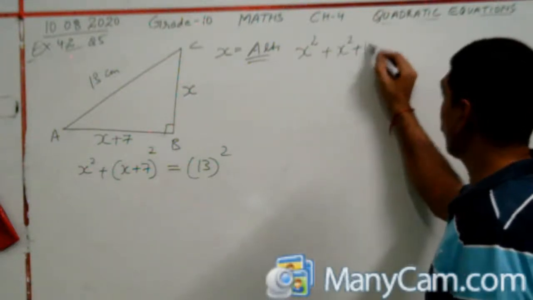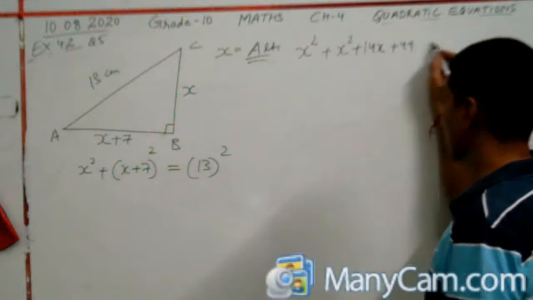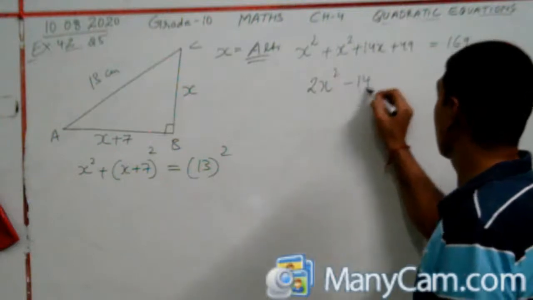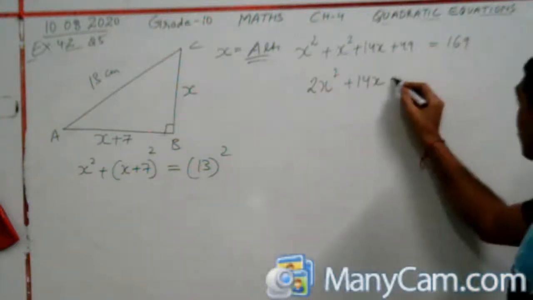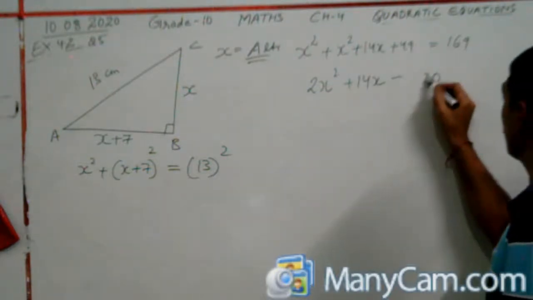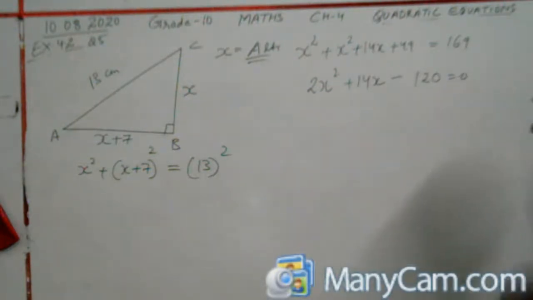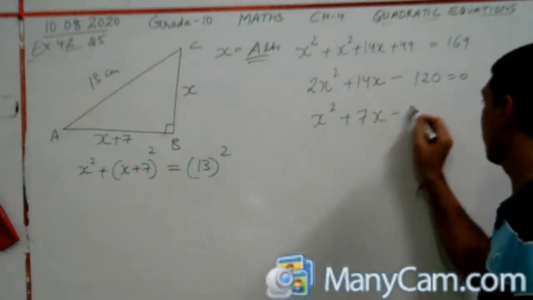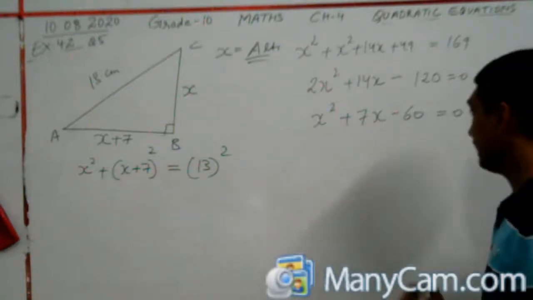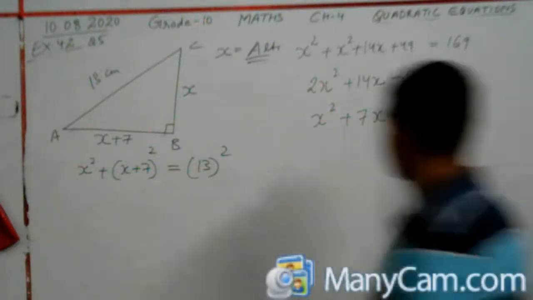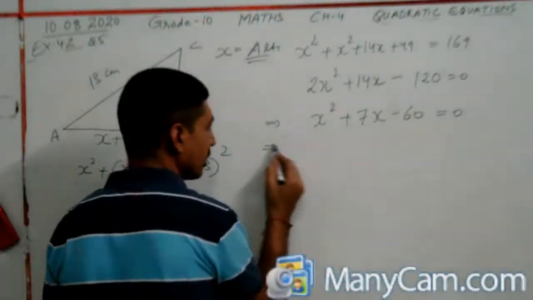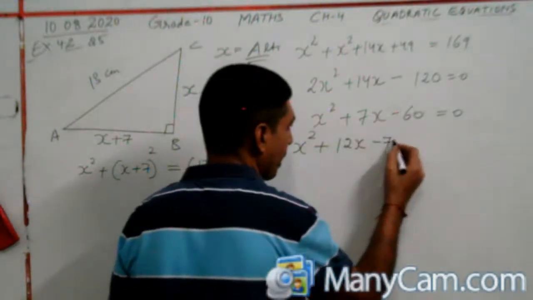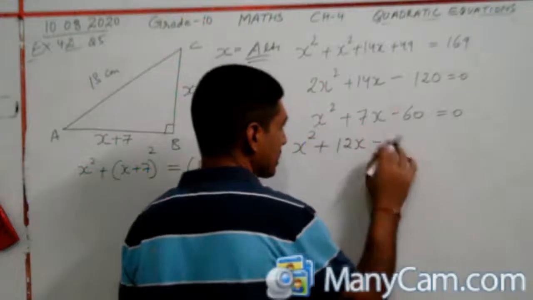So when you solve by any one, you will find that x square plus x square plus 14x, and 169. So here we have 2x square plus 14x minus, that is 0. Again we can write x square, and the factors are 12x minus 5x.